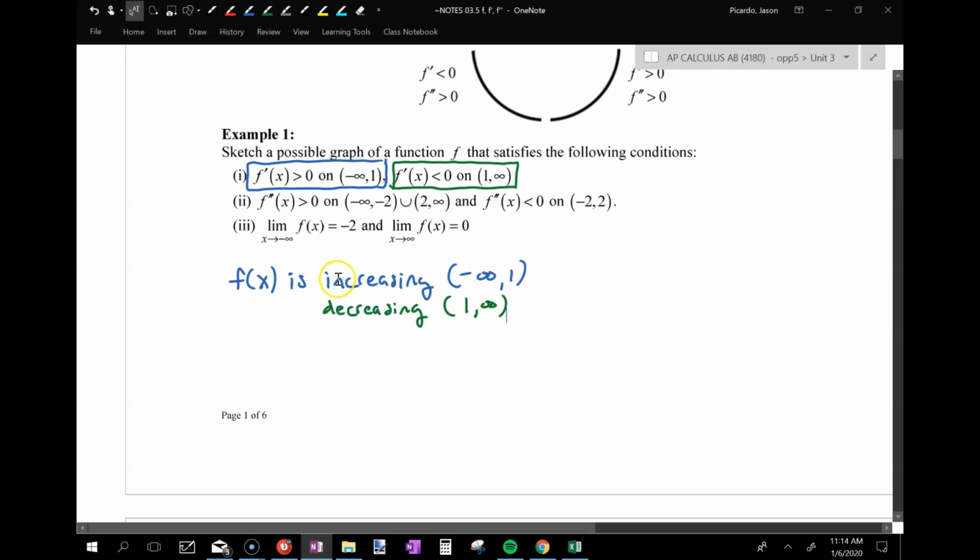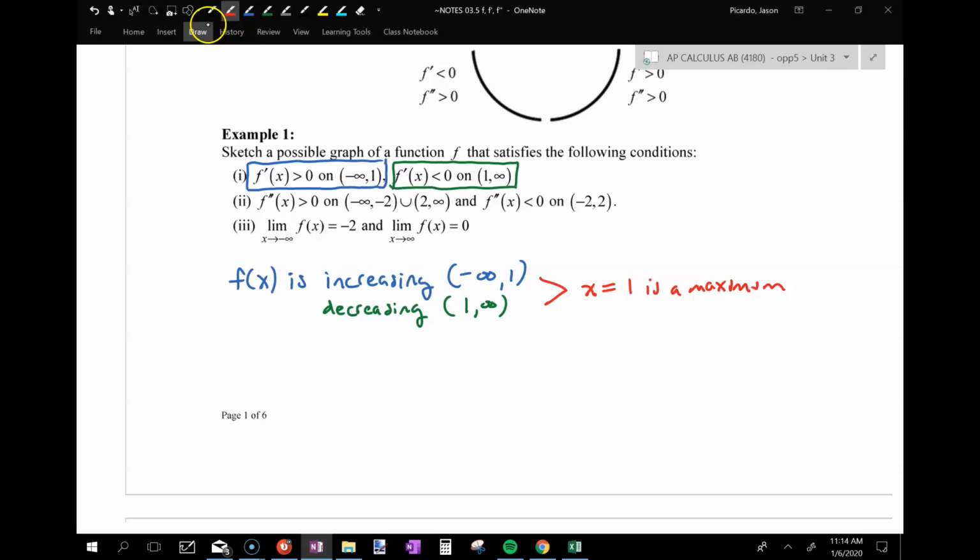Because at 1, I changed from increasing to decreasing, right? My first derivative changed from positive to negative, right? So since I was increasing and then decreasing, 1 had to have been a maximum, okay? So because of these 2 facts, I'm actually going to say x equals 1 is a maximum. All right, so that's what we got from part 1.